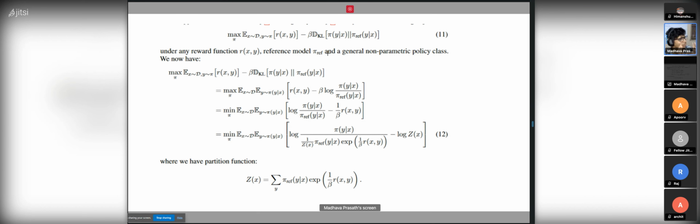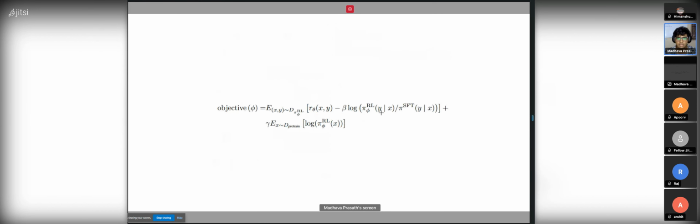So to eliminate the entire need for a reward model, they rearranged these terms, and from the KL divergence you are coming back to the same thing. The policy within reinforcement learning is denoted as pi here, and the supervised fine-tuned model is known as the reference here.